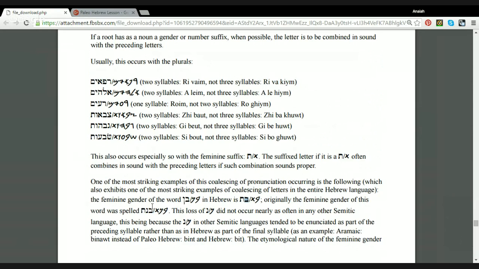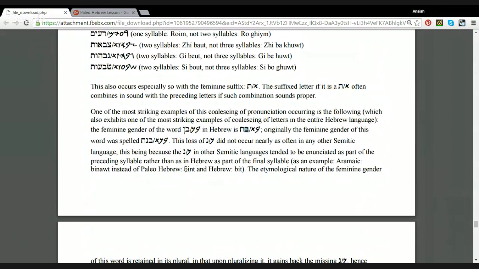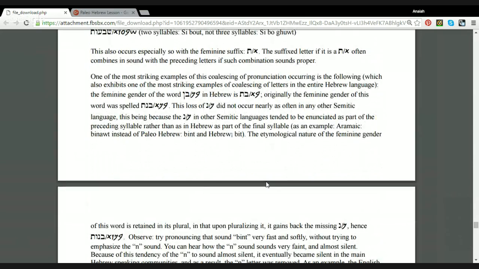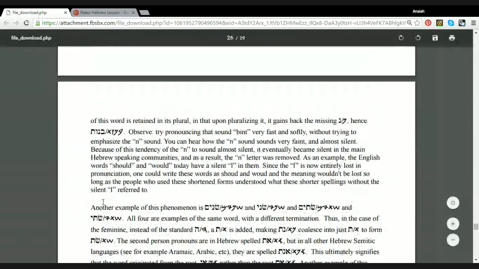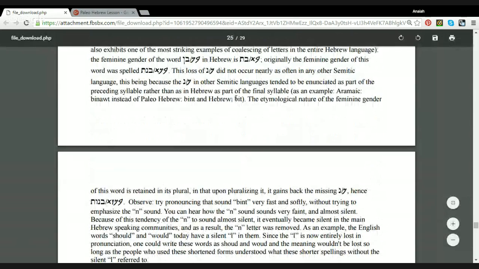And so over time, the original sound was bint, but it came to be pronounced bit, and so they removed the N. And that's why Hebrew has it as bit, but all other Semitic languages have it as bint. And this happens in other words too, and that's why in the plural of daughters it's benut, because it's still from the same word.